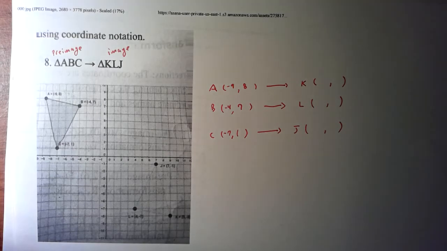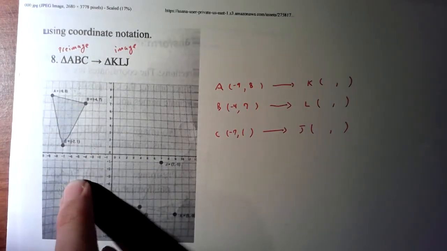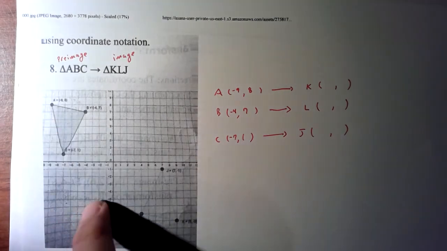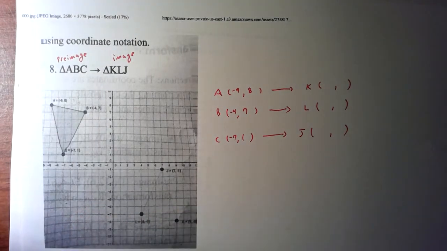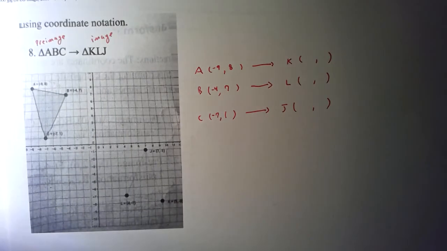To me this seems like a rotation of 180 degrees, but we're going to check that. Why did I say 180 degree rotation? Because it's skipping this quadrant and landing over here. That's what suggests a 180 degree rotation. Of course we need to check that.